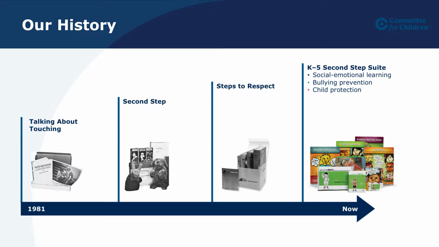Once we launched that program to help prevent abuse from happening to kids, we wanted to prevent children from growing up to become abusers themselves by building skills like empathy, self-regulation, and managing emotions, among others. So our first step was to help what was happening to kids now, and our second step was to help prevent it from happening in the future.